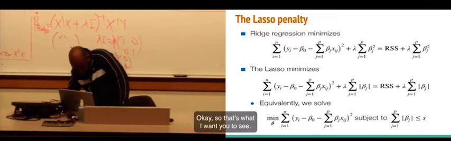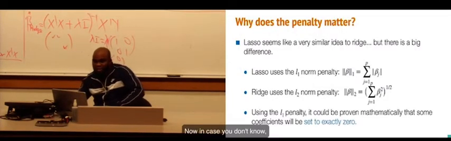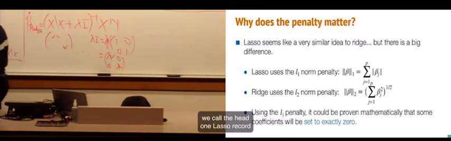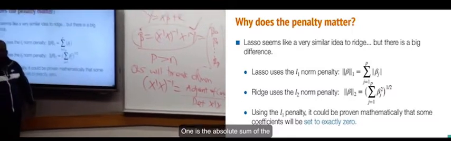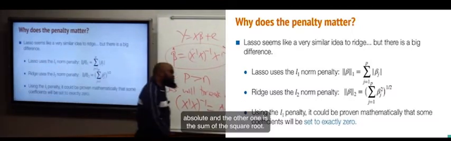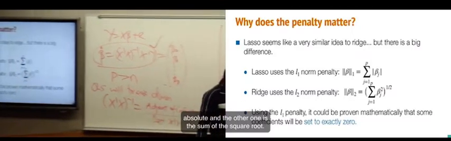That's what I want you to see. In case you don't know, we call the L1 LASSO and the L2 ridge. The difference is just that one is the sum of the absolute values, and the other is the sum of the squares.